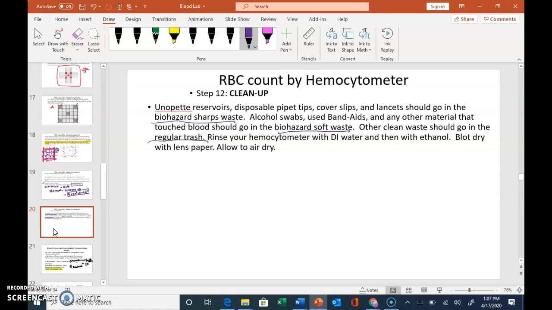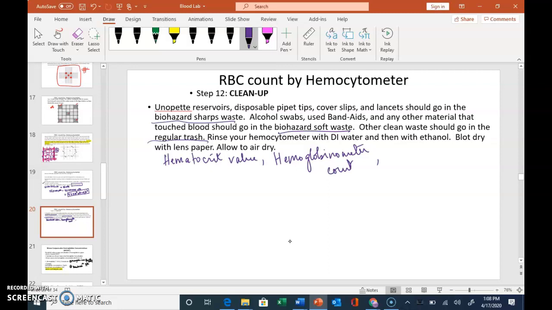Based on this information, right now we have a few pieces of information. We have the hematocrit value. We have our hemoglobinometer count, which tells us the amount of hemoglobin.